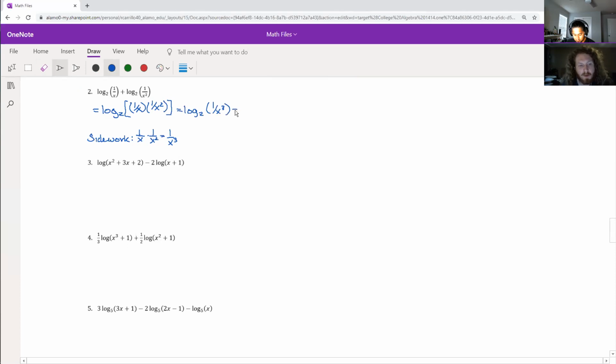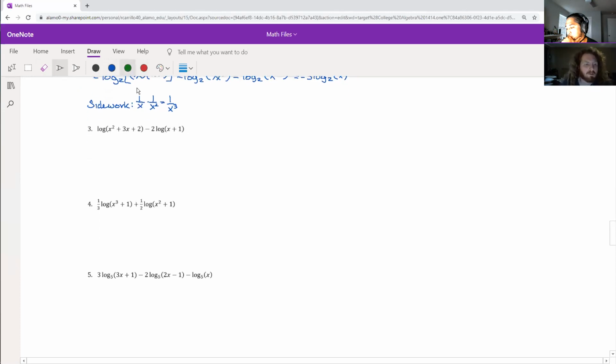I'm going to rewrite this as log base 2 of, sorry, getting ahead of myself, x to the negative 3 power. So then this will be negative 3 log base 2 of x.